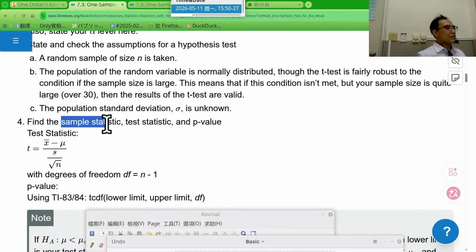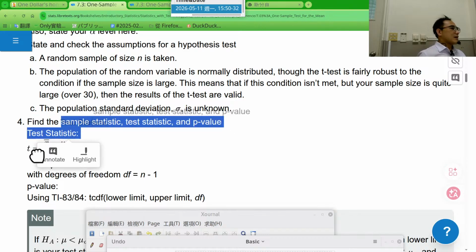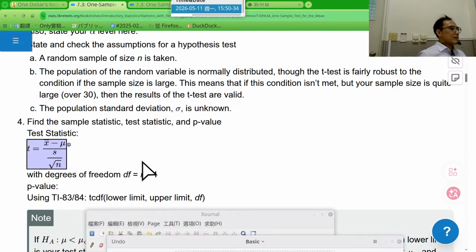Find the sample statistic, test statistic, and p-value. The test statistic t equals x bar minus mu divided by s over the square root of n, with n minus 1 degrees of freedom and a p-value like this. You don't need to memorize it. In the future, I will open every tool for you during the exam.